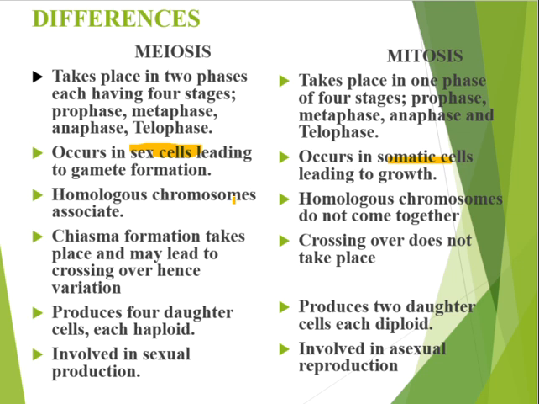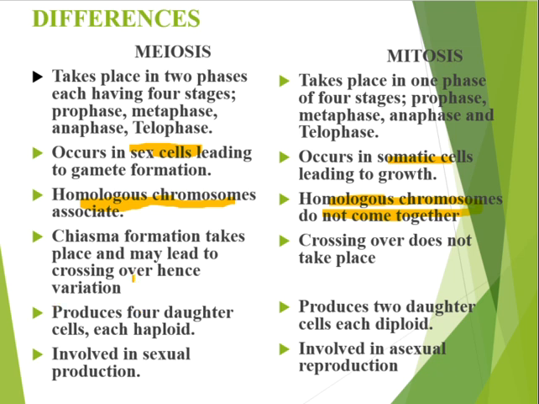In meiosis, homologous chromosomes associate, that is during prophase I. In mitosis, homologous chromosomes do not associate or come together. In meiosis, we have chiasma formation and may have crossing over, hence variation, while in mitosis, we don't have crossing over because there is no chiasma formation.